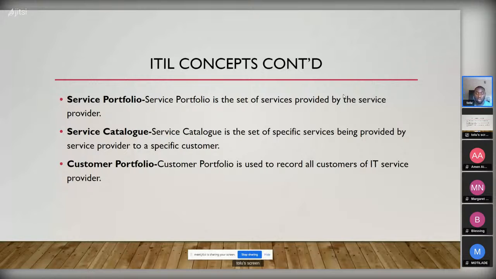The catalog is where you can see how to take the service from beginning to end. It's like going to a restaurant and asking for food. They bring you a menu list. That menu list is the portfolio, the different meals that are available.